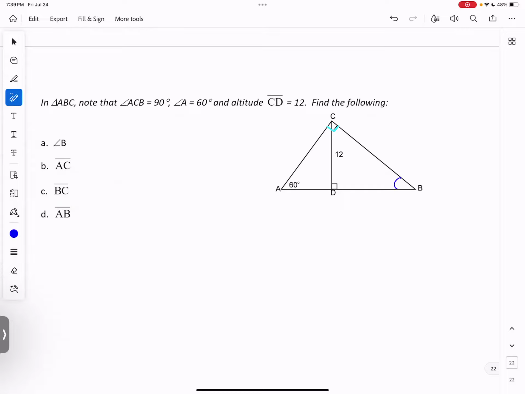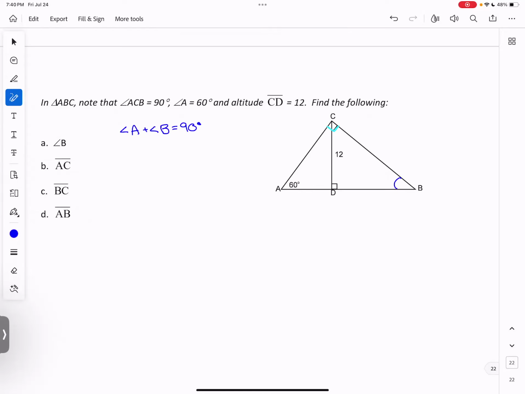Actually, let's consider the entire triangle, the big triangle. So if I consider the big triangle, like triangle ABC, then I can see that angle A plus angle B has to equal 90 degrees because it's part of a right triangle.